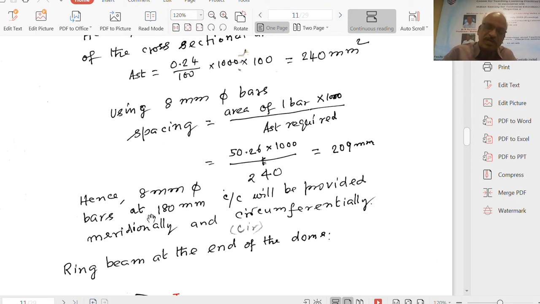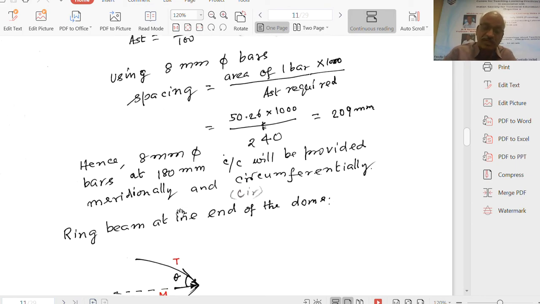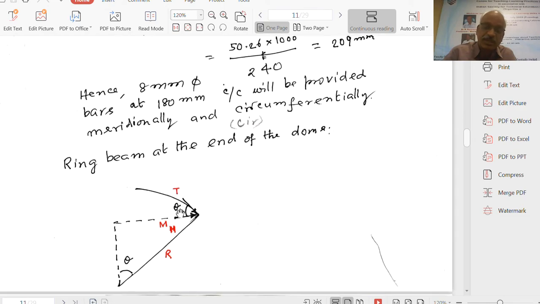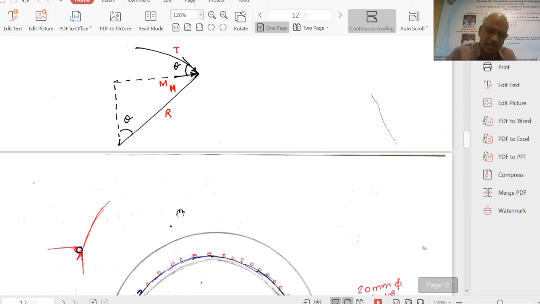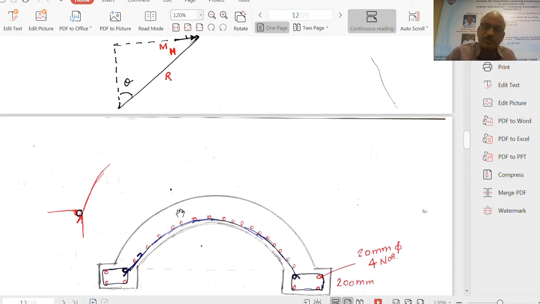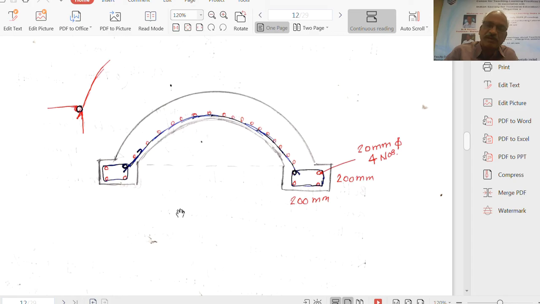Because both values of stresses are very low compared to the allowable value, you go for minimum reinforcement. So that will be the design of the dome slab. We will be providing both reinforcements, 8 mm diameter bars at 180 mm center to center.